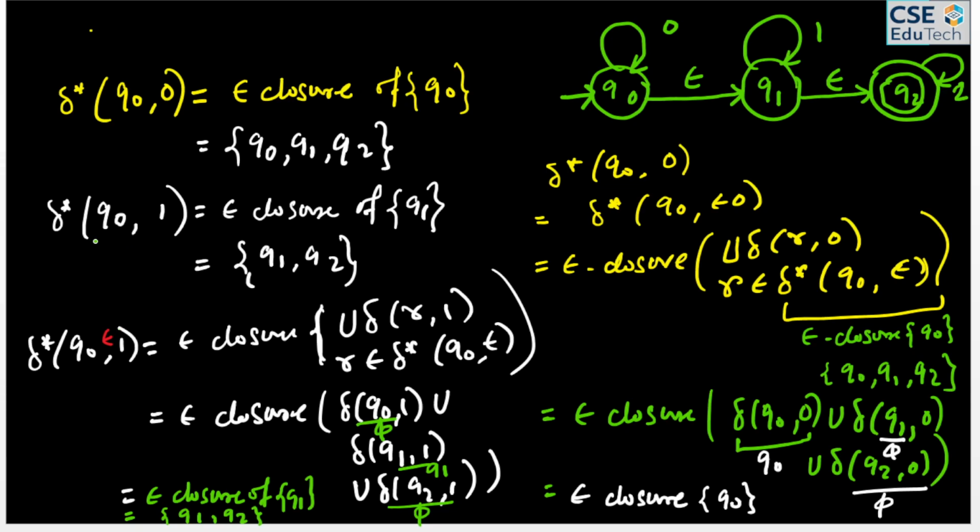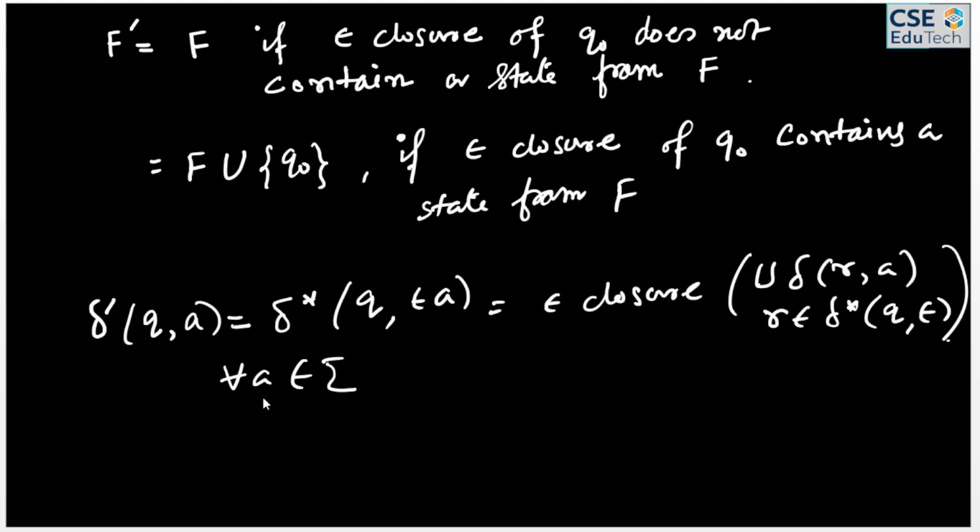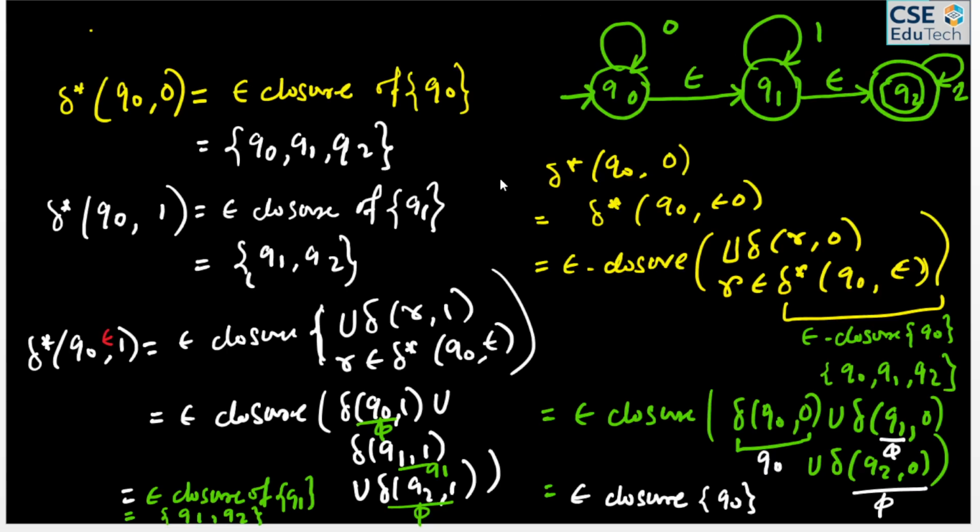So we have obtained Q naught 0 and Q naught 1, and also we have to consider delta star Q naught 2. As mentioned here, we have to do this for all inputs. Here the input symbols are 0, 1 and 2. For the symbols 0 and 1 we have done it. Now we have to perform it for 2.